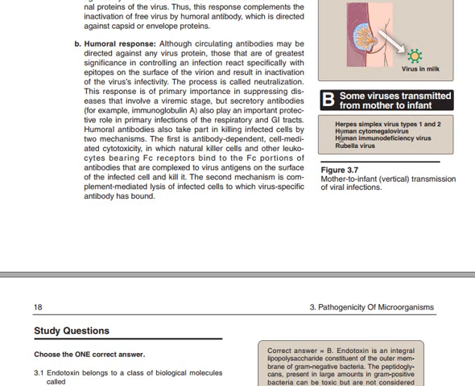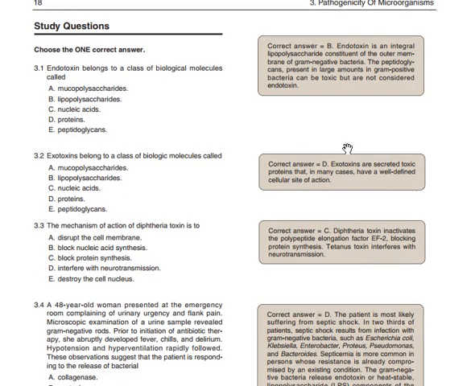You also have human immunodeficiency virus, HIV. You have rubella. Those are the mnemonics that can just be crammed as TORCHES infection. T for toxoplasmosis, O for others like varicella, HIV, R for rubella, C for cytomegalovirus, H for herpes simplex, E for Epstein-Barr virus, and S for syphilis.